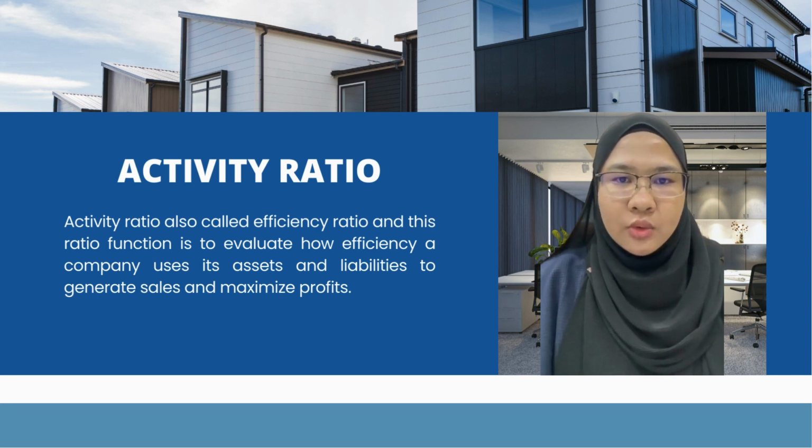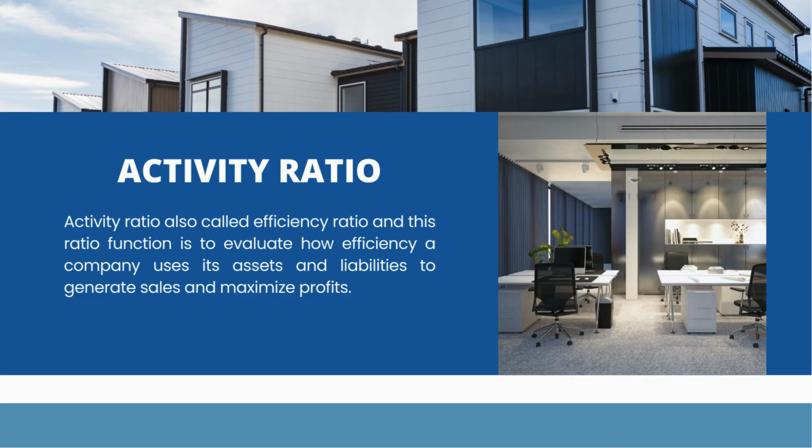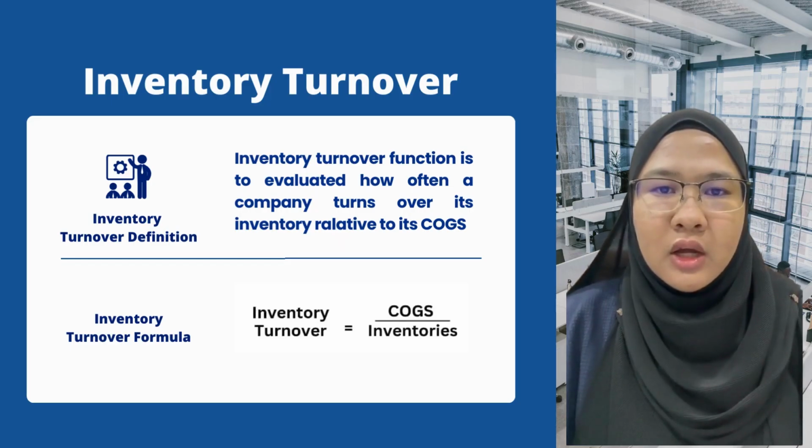Activity ratio, also called the efficiency ratio, evaluates how efficiently a company uses its assets and liabilities to generate revenue and maximize profit. Inventory turnover evaluates how often a company turns over its inventory relative to COGS.